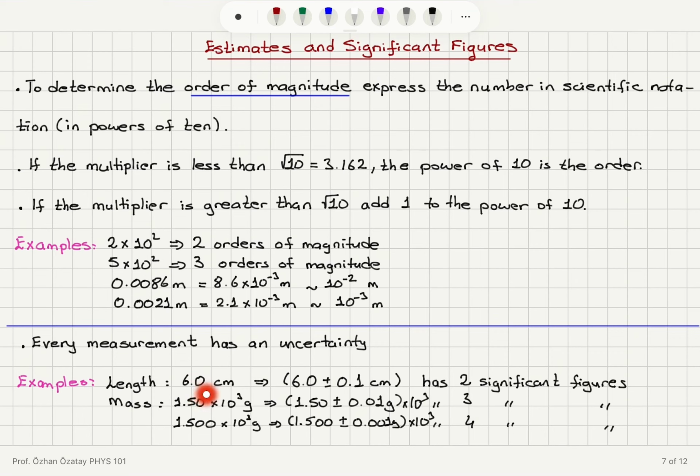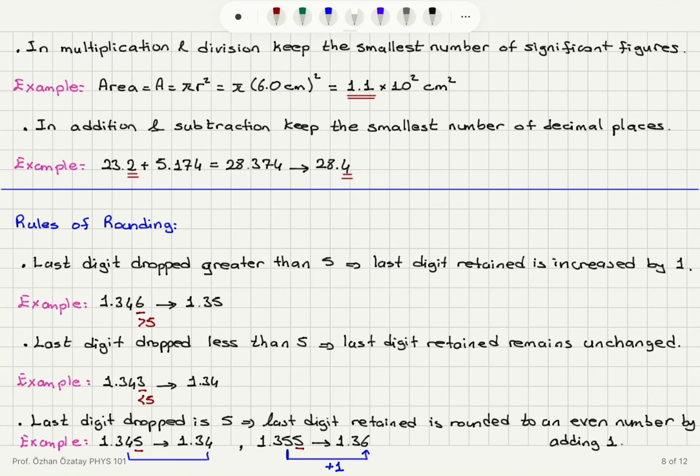We look at the number of digits that are reported for the measurement of this quantity, and the last digit represents the uncertainty. The total number of digits we use to represent the quantity is called the number of significant figures, and the rule is that we always keep the smallest number of significant figures in algebraic operations.